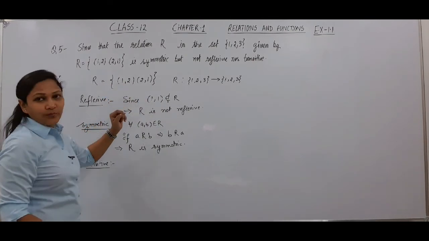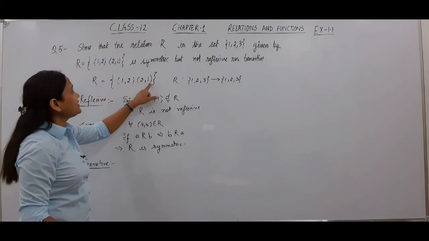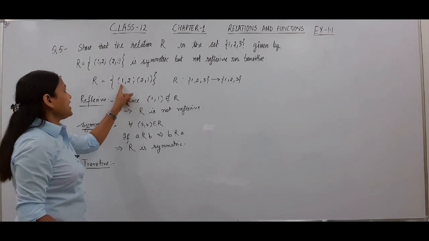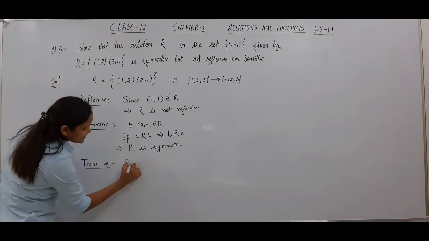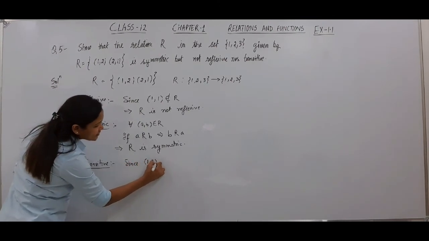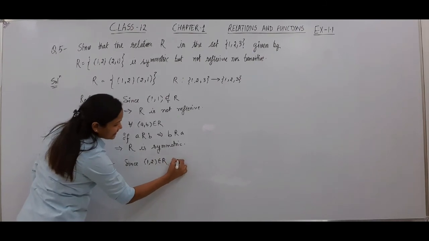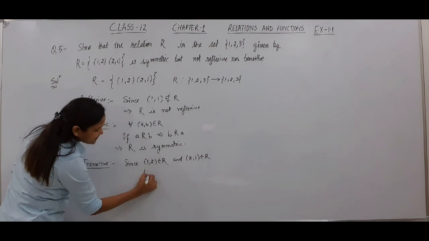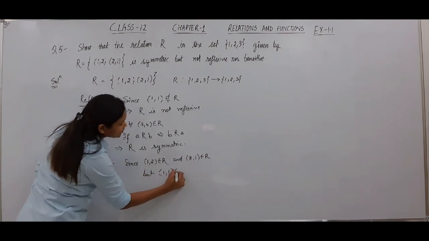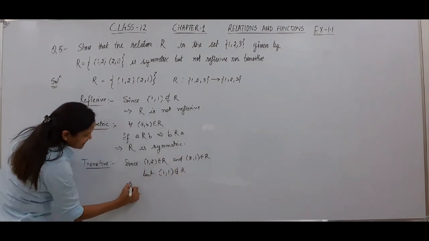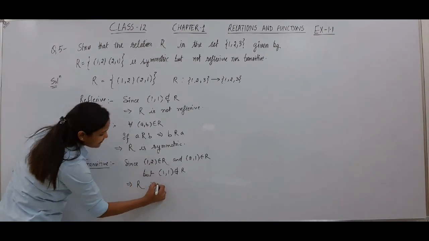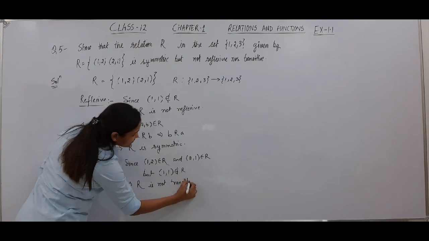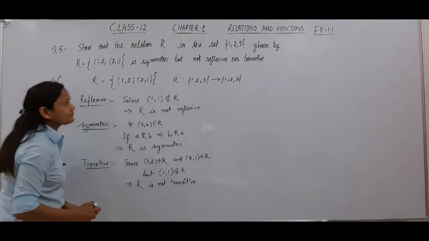If A is related to B and in turn B is related to C, then A must be related to C. But here you can see that since 1 is related to 2 and 2 in turn related to 1, but 1 is not related to 1, that implies your relation R is not transitive.